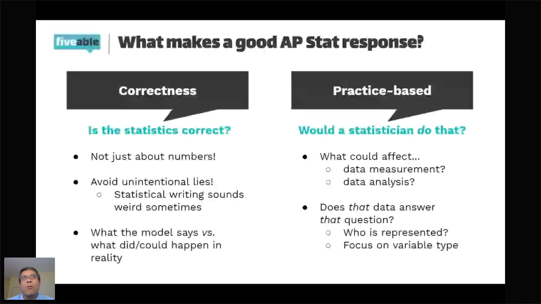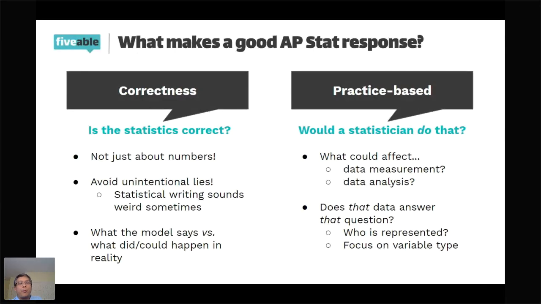What we're kind of lucky to have in AP Stat is a bank of what we call investigative tasks, which typically in the AP Stat curriculum are the sixth free response question.